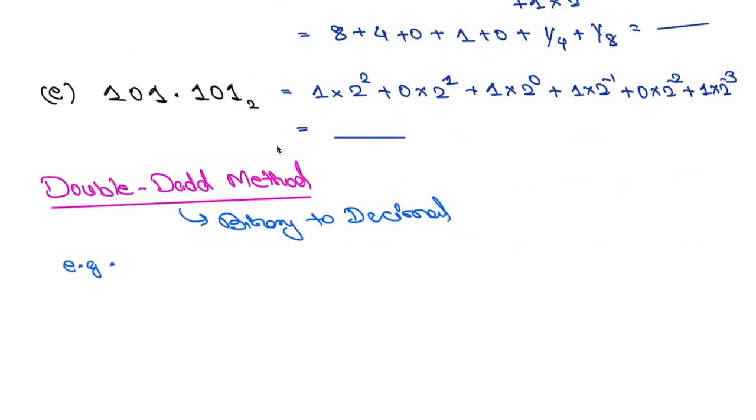Example, let's say you have to convert 1 1 0 0 1 1 1 0 0 1. Now what you need to do, you can write it in whatever mode you prefer. Just double the first one, right? Double it, what becomes 2. Then add the next one, plus 1, it will become 3.